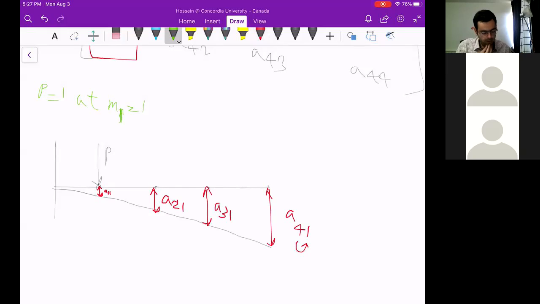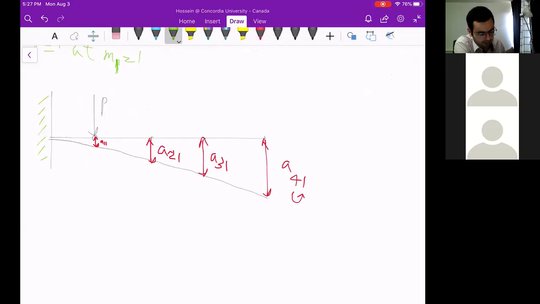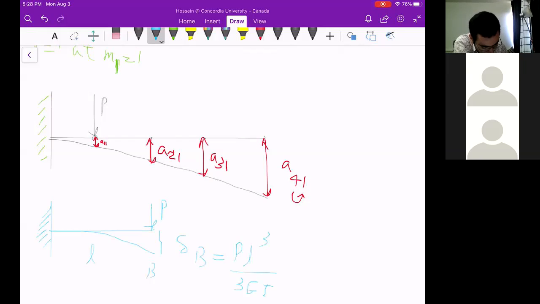So in general, in strength of materials, we already know that when there is a cantilever beam like this, and there's a P force at the tip, the deflection at the tip, point B, is PL cubed over 3EI, where E is the elastic modulus of the beam and I is the area moment of inertia.